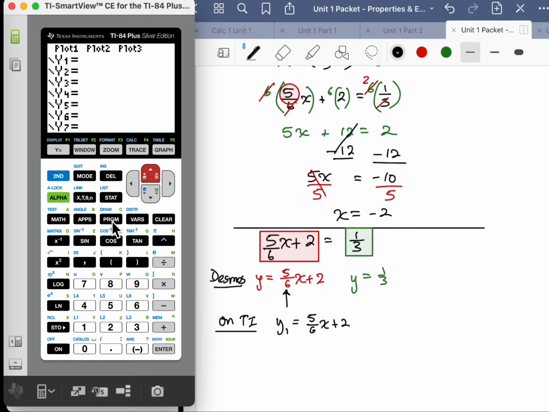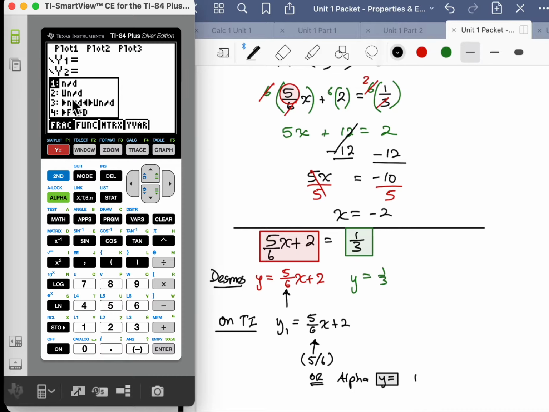There's two ways to get that. You could type it in as parentheses 5 divided by 6, or you could hit alpha y equals option 1. All right. If I hit alpha y equals option 1, it says n over d, which stands for numerator over denominator.